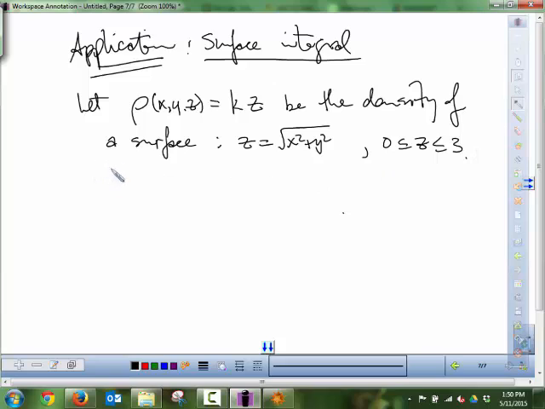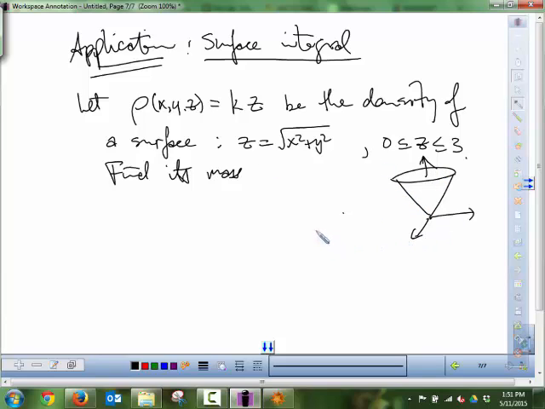You can ask to find a mass. So this is your cone, and you want to find the mass of this cone depending on this density.